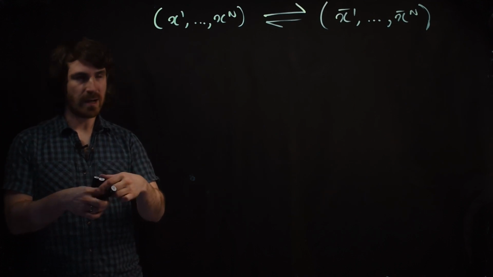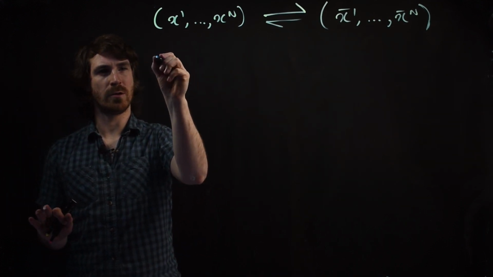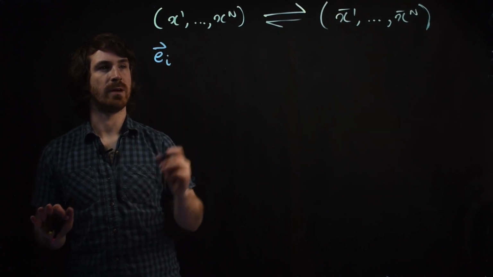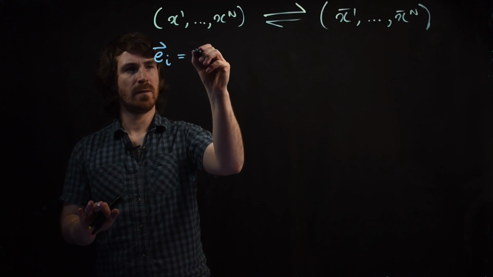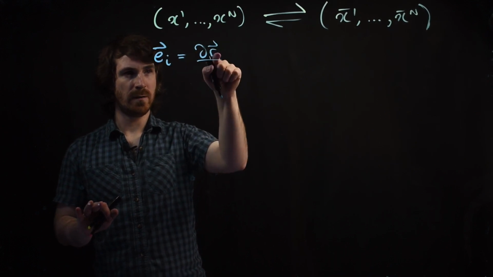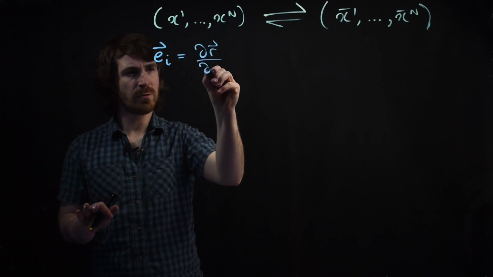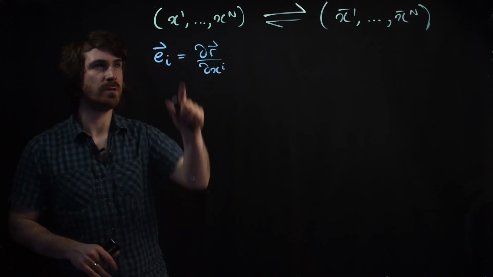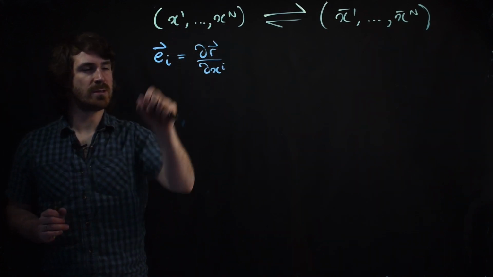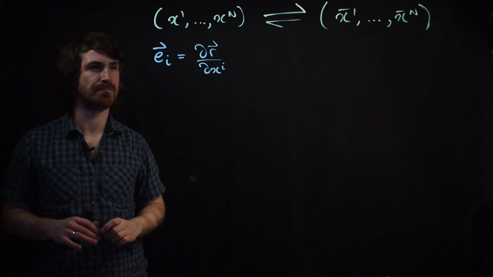Our natural basis vectors in the unbarred system are called E sub i, and they are partial derivatives of some vector r, which lives independently of the coordinate system. Once we choose a coordinate system, we naturally have a set of basis vectors that go with it.